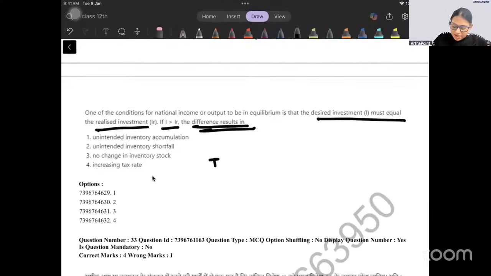So if my I is greater than IR, this is my desired investment, how much investment I want to do and how much investment I am actually doing.